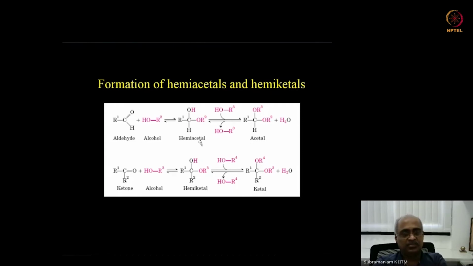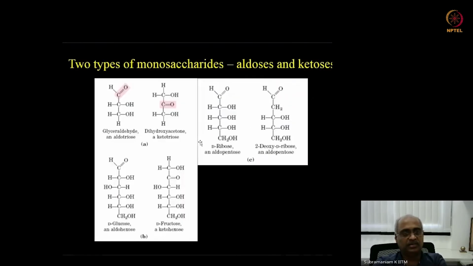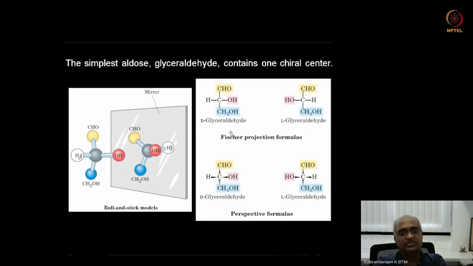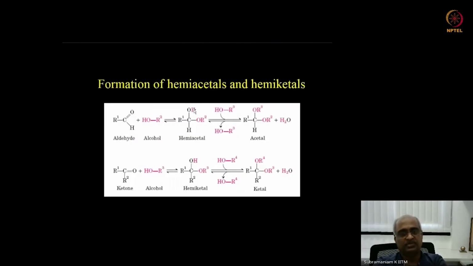So usually the aldehyde group with one of these hydroxyl groups will form a hemiacetal. And when that forms, you have an additional OH group available. And when that OH group, this one, so this is an intramolecular linkage in a typical aldose like glucose.